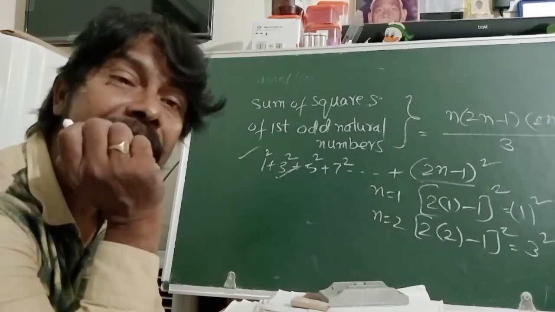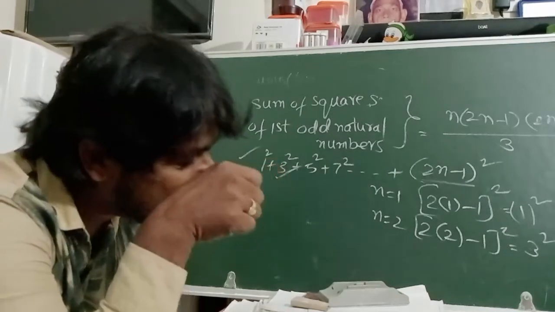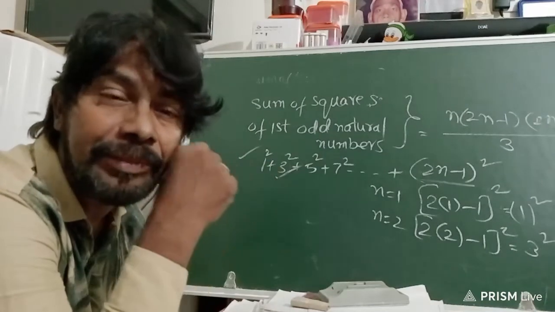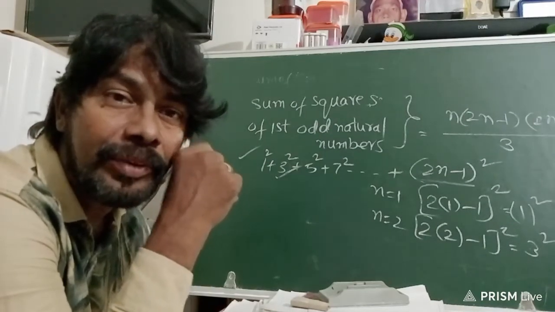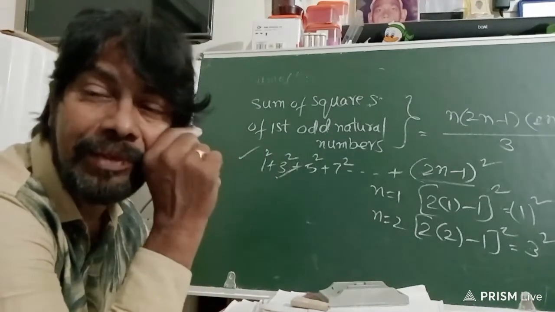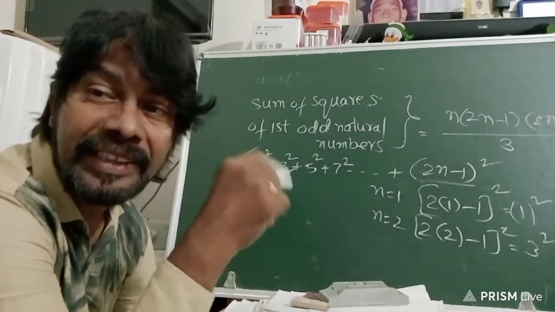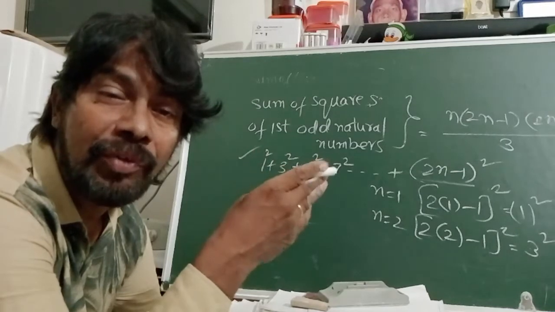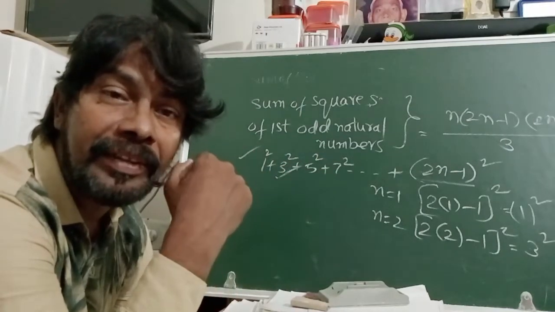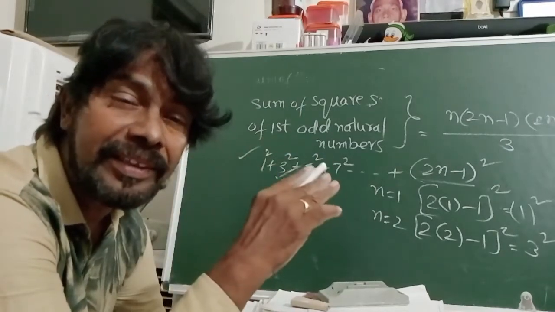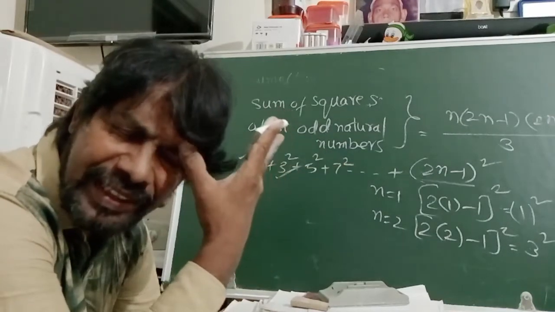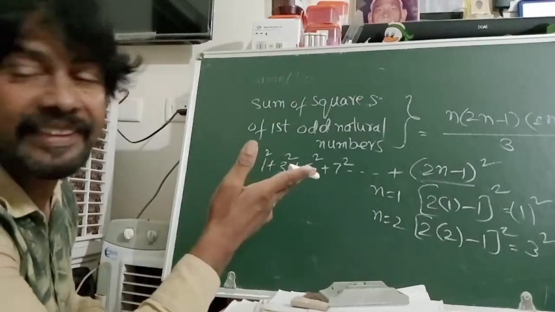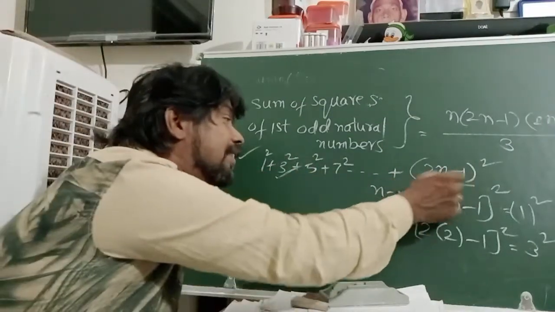If n is equal to 1, for the first odd number, substituting gives 2 minus 1, which is 1. Suppose we want the second odd number, substitute 2: 2 twos are 4, 4 minus 1 is 3. For the third odd number, substitute 3: 2 threes are 6, 6 minus 1 is 5. So that's why we are getting this series. The last number is 2n minus 1.